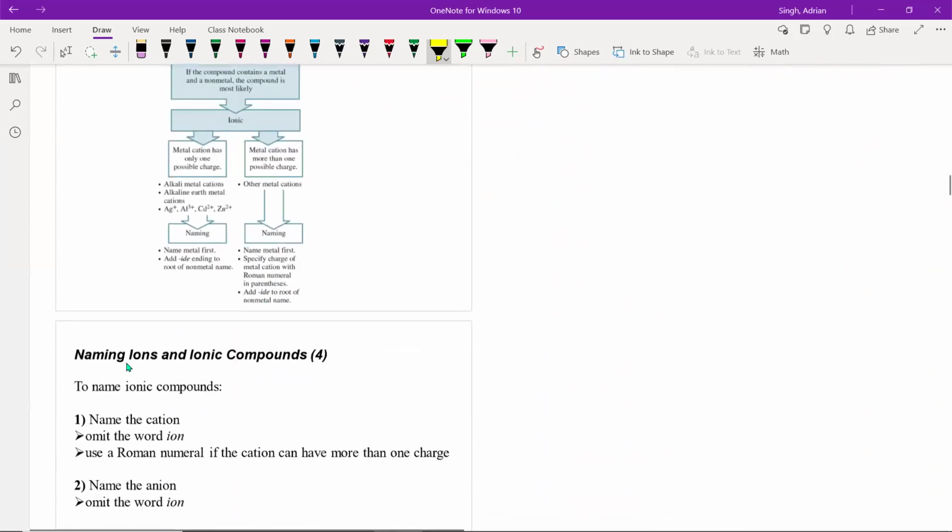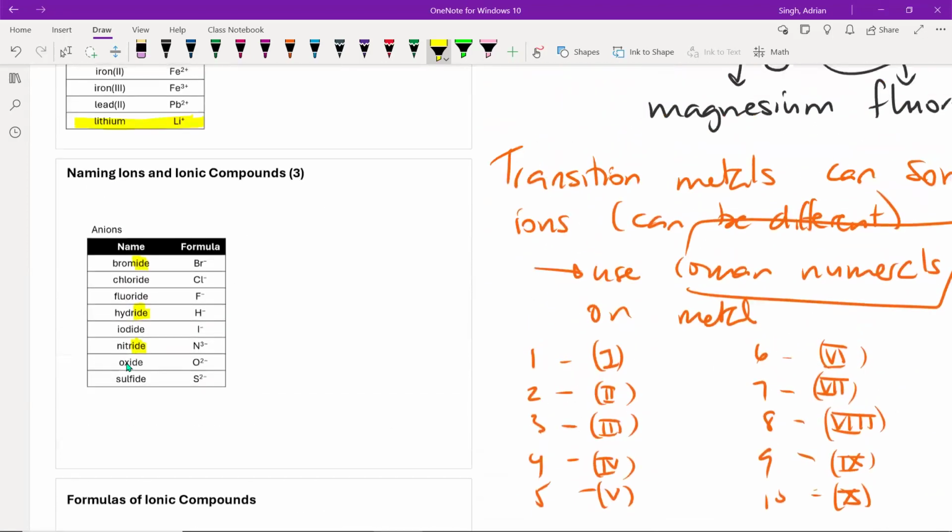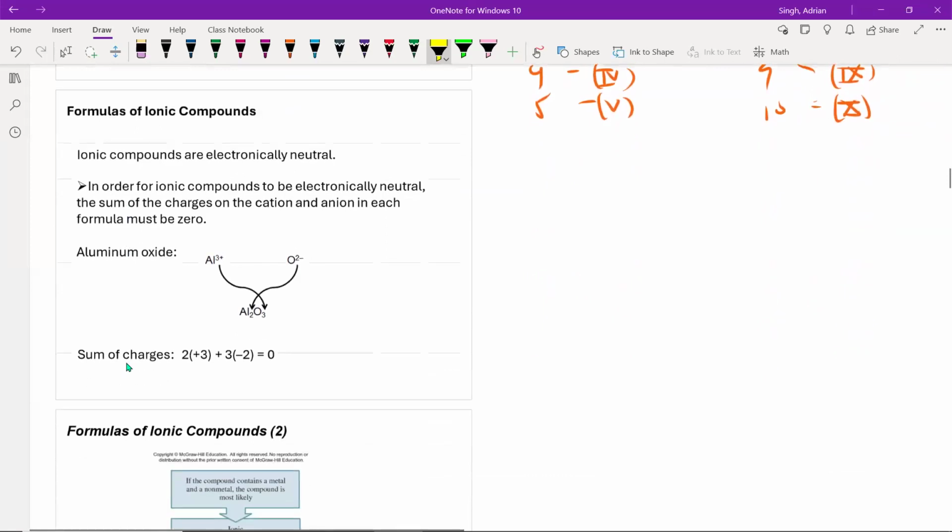So how do we come up with the formulas and the names for our ionic compounds? Well, let's first take a look at how we determine the formulas. The key thing about ionic compounds and ionic formulas is that they need to be neutral.